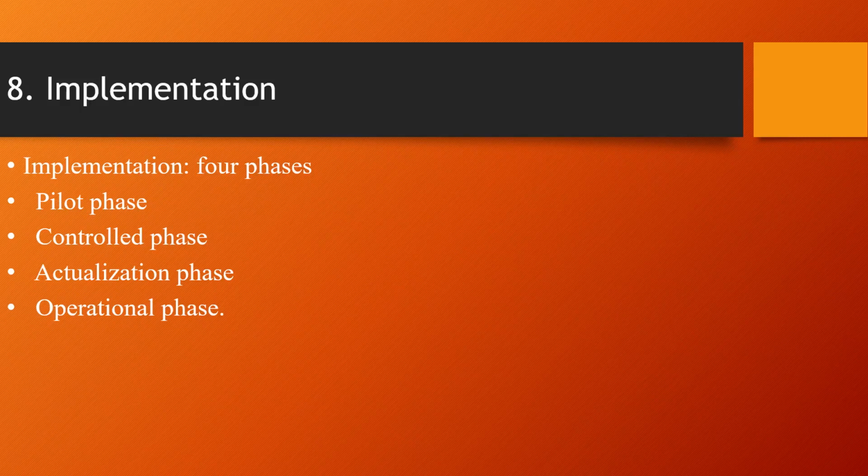The third phase is the actualization phase, a model where the program strategy is subjected to realistic operating conditions. So it is the actual thing that is going on. The fourth phase is the operational phase. It gives the ongoing part of the structure whether the program is going in a correct way or not.